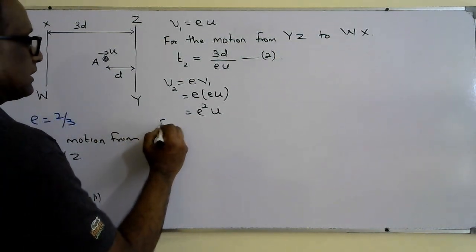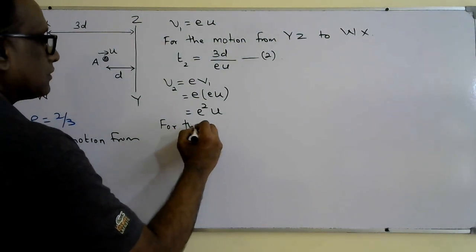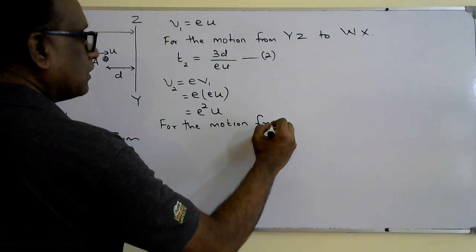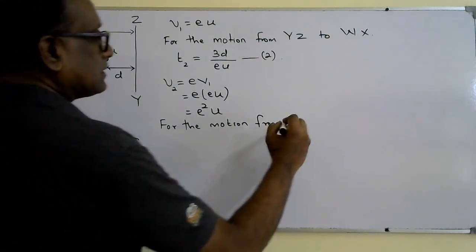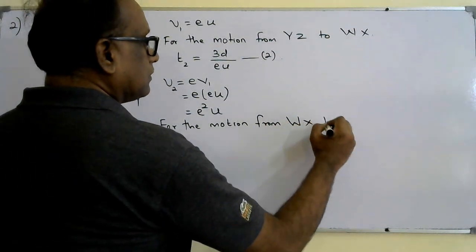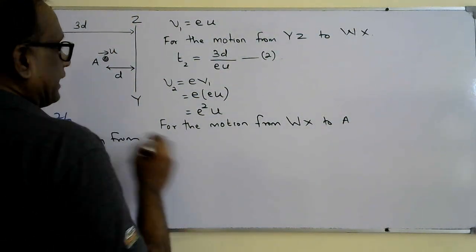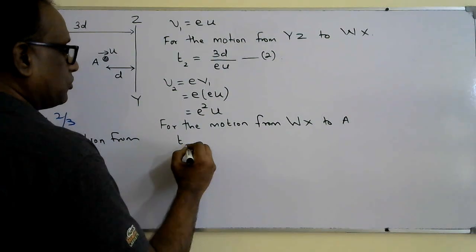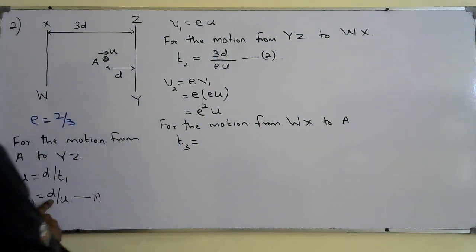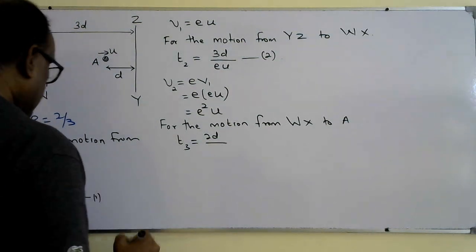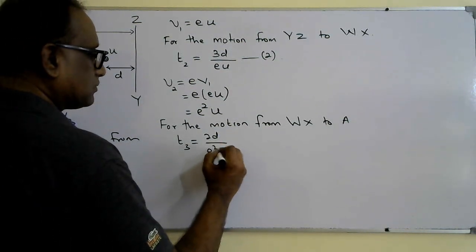So for the motion from WX to A, it will move a distance 2d. So that time T3 is going to be the distance moved, 2d, divided by the speed E squared u.